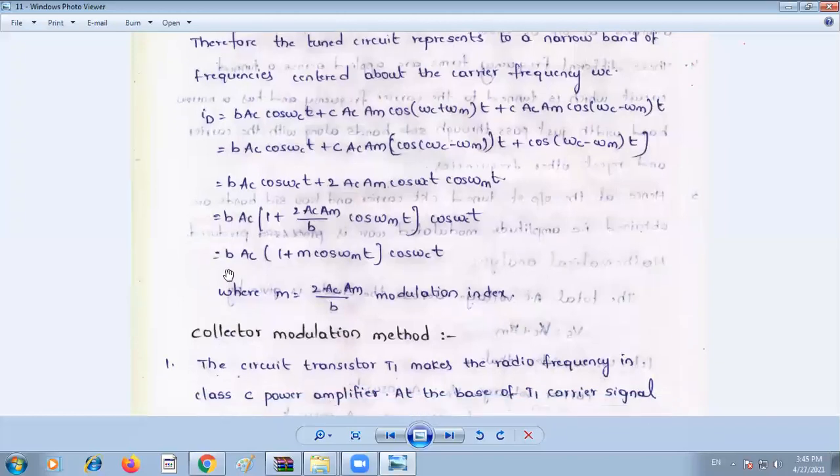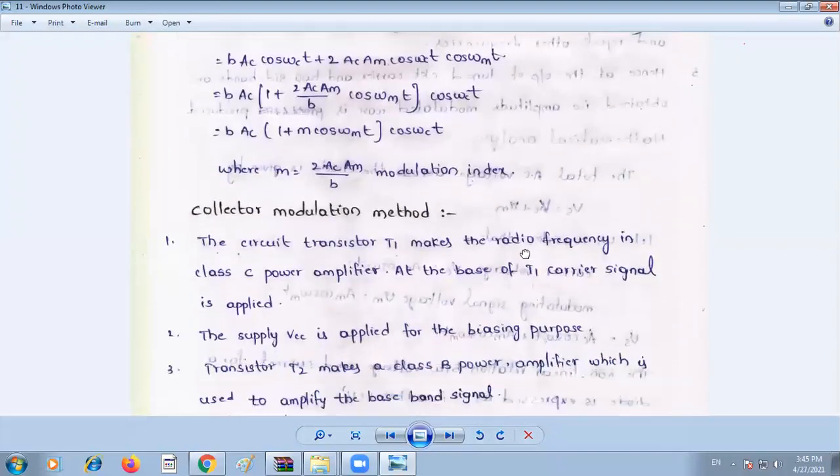After simplification, you get B into Ac into (1 plus m cos omega m t) cos omega c t. This end expression is nothing but an amplitude modulated expression, where m is 2 Ac Am by B. That is the modulation index.